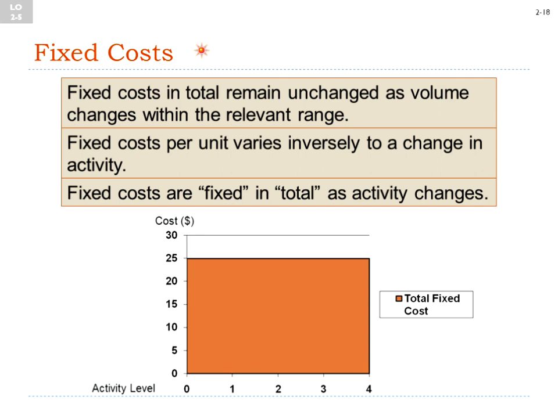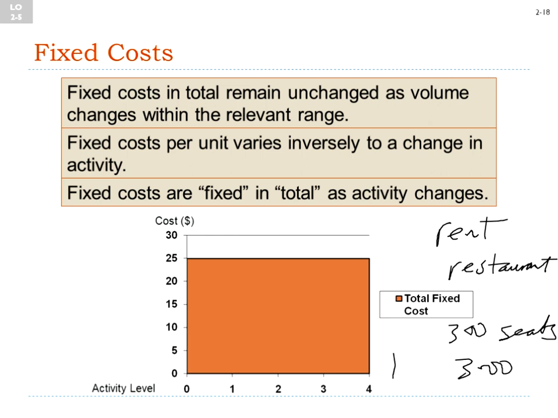But generally speaking, when we're talking about fixed costs, we're talking about something like rent. Let's say that you own a restaurant, and it seats 300. There's 300 seats in the restaurant. It doesn't matter if you serve 1 customer this month or 300 customers this month, or whatever time period you're talking about.